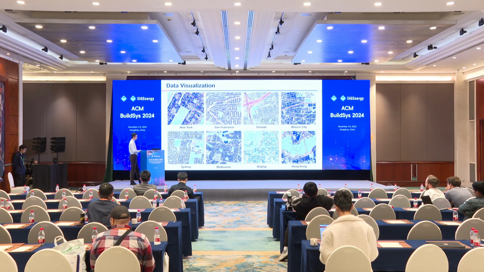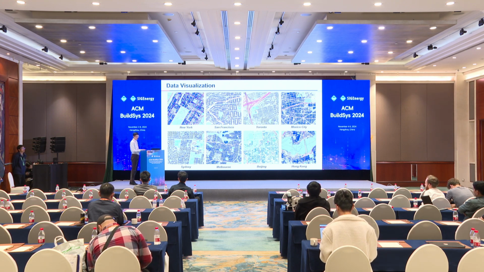So yes, we plan to combine more related data to decode the urban morphology, and actually we are more interested in how the urban structure evolves across different times. For example, there was a paper studying Paris, because Paris has different circles.